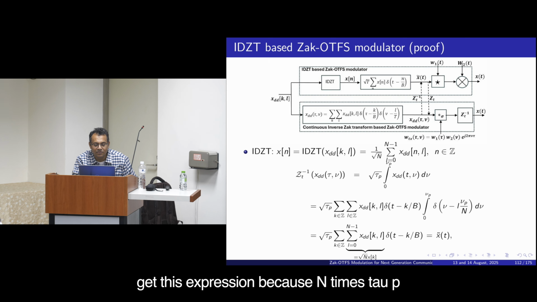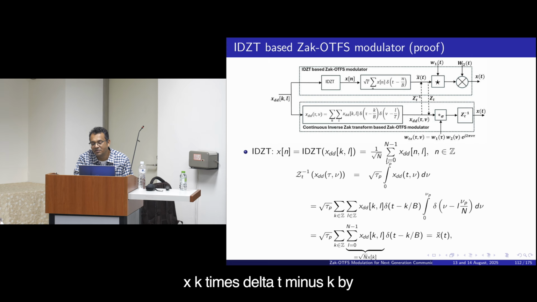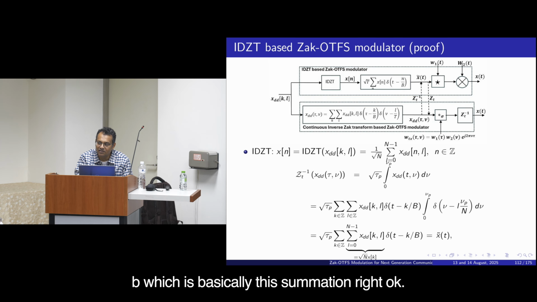because N times tau p in the square root is exactly equal to T. So, that is how you get the square root of T, and then this remaining thing you can see, because this summation is xk. So, it becomes summation over k of xk times delta of t minus k by B, which is basically this summation, right. Okay.